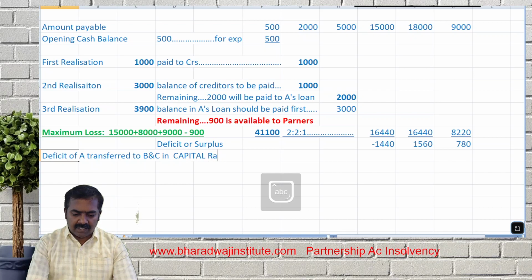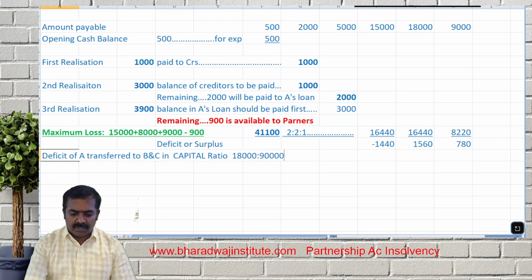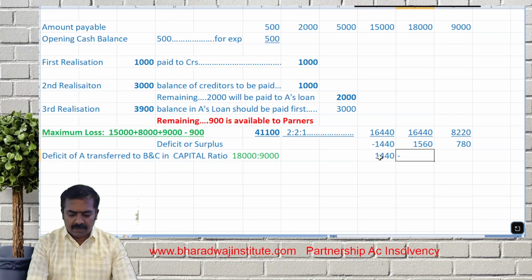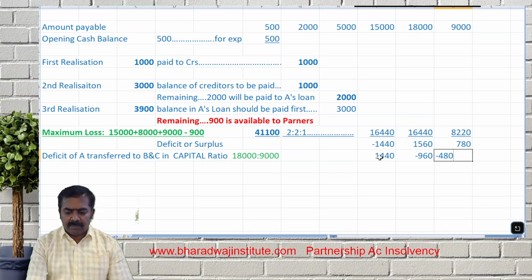Look at the capital ratio: 18,000 is to 9,000. Accidentally, profit sharing ratio and capital ratio are the same in this question, 2 is to 1. So the 1,440 will be adjusted to the other partners as 960 and 480. Wait.